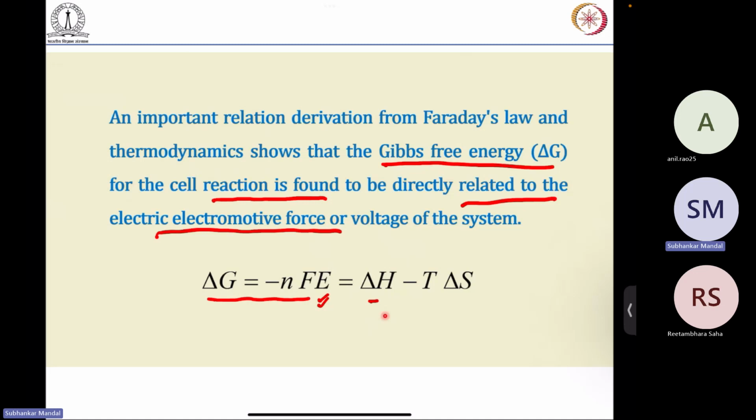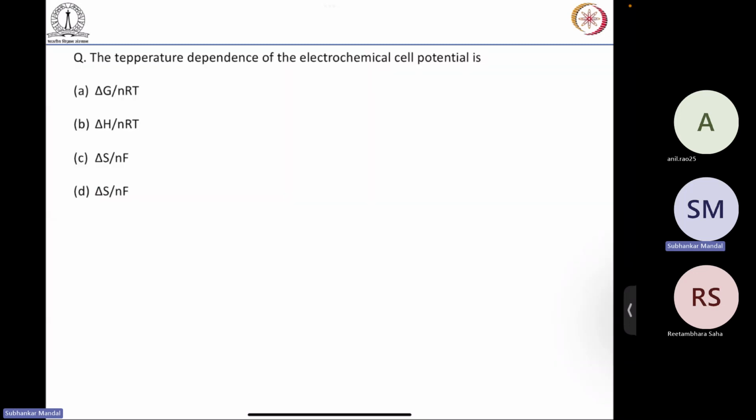On this basis we can discuss one problem. What is the temperature dependence of the electrochemical cell potential? Four options are given.